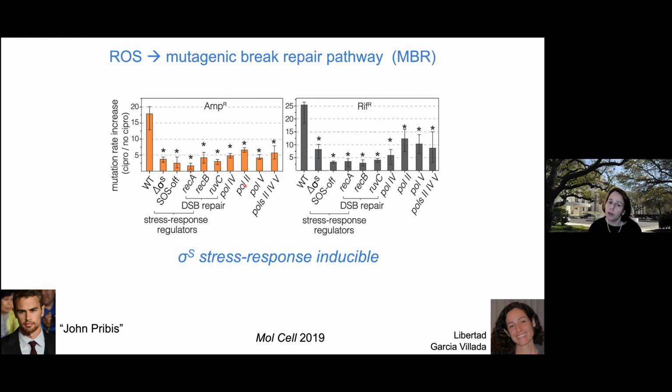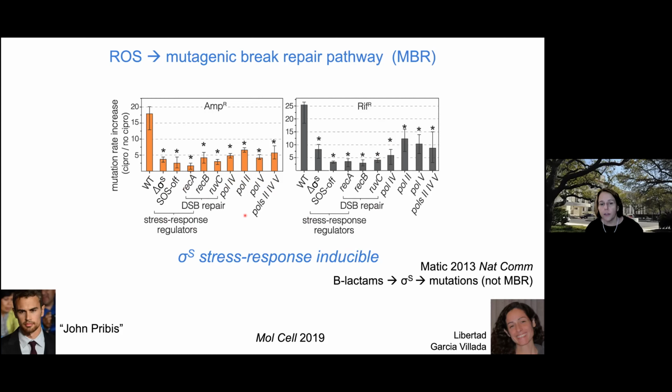And this Pol IV, I'm sorry, I have the name change, is DinB. It is the error-prone DNA polymerase that's most responsible. These others are minor players for starvation, and here they are more important players. And that's true for both kinds of mutations, so they are stress-inducible.